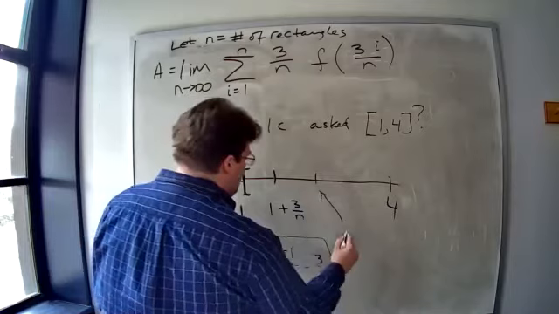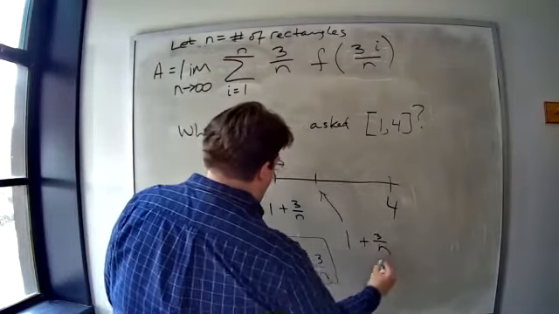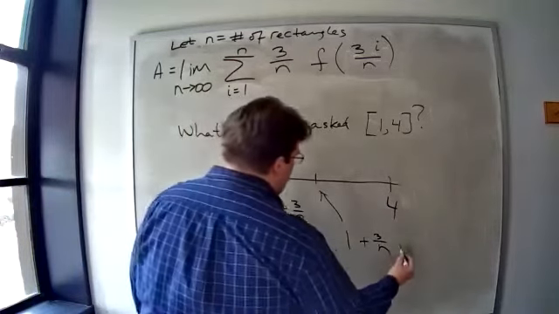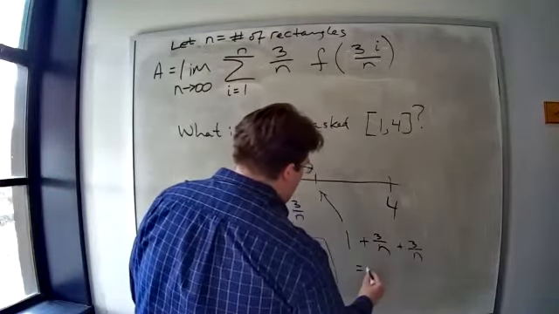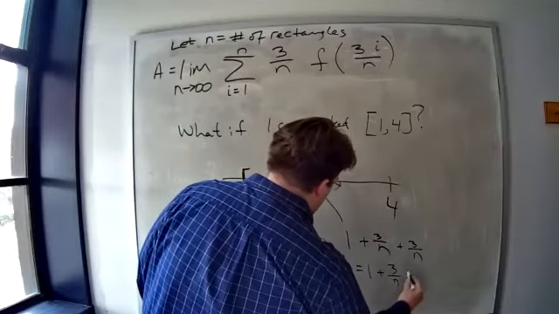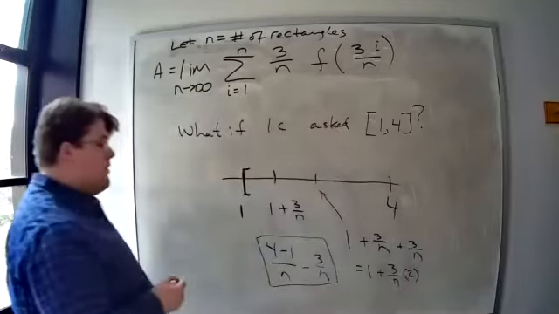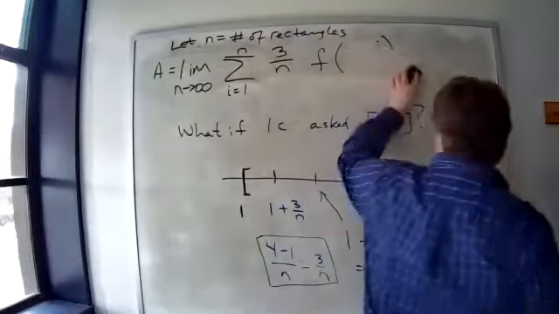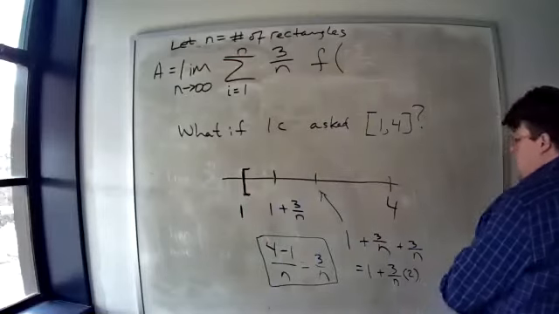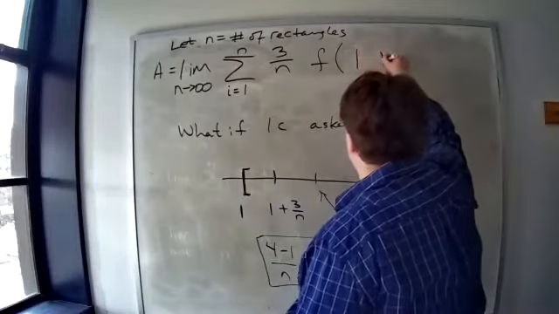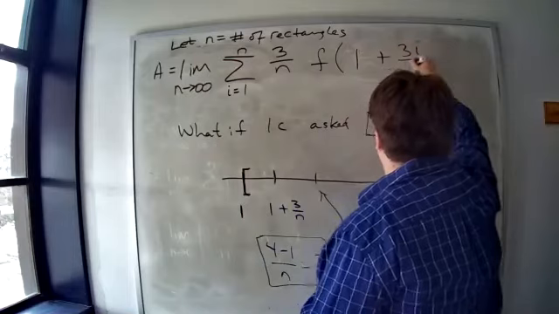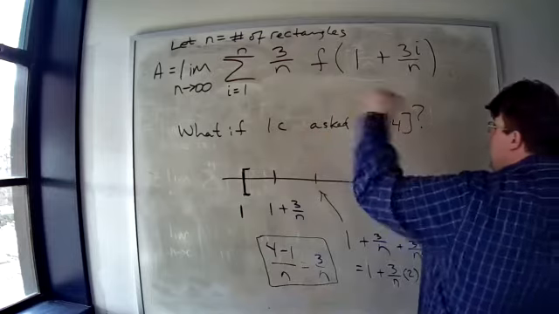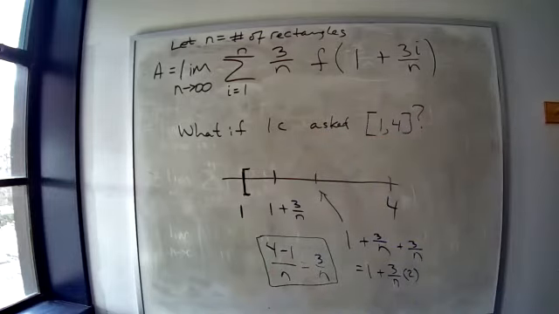Well, the next one would be 1 plus 3 over n plus another 3 over n, also known as 1 plus 3 over n times 2. And you can do another argument for the next few endpoints. But the only difference is that inside the function, we're moving over and starting at 1 instead of 0.